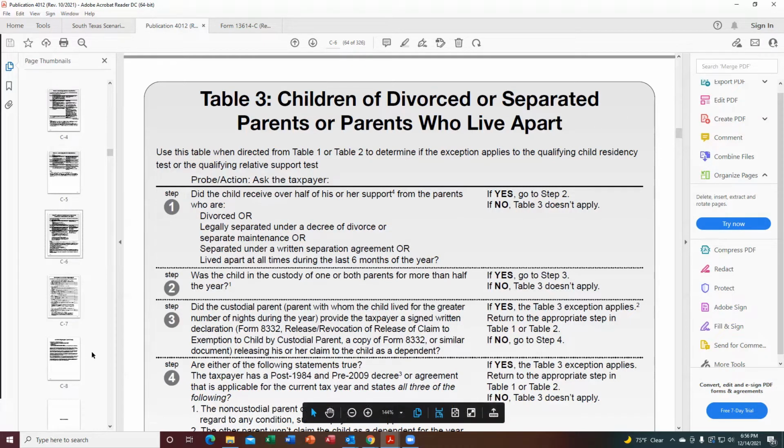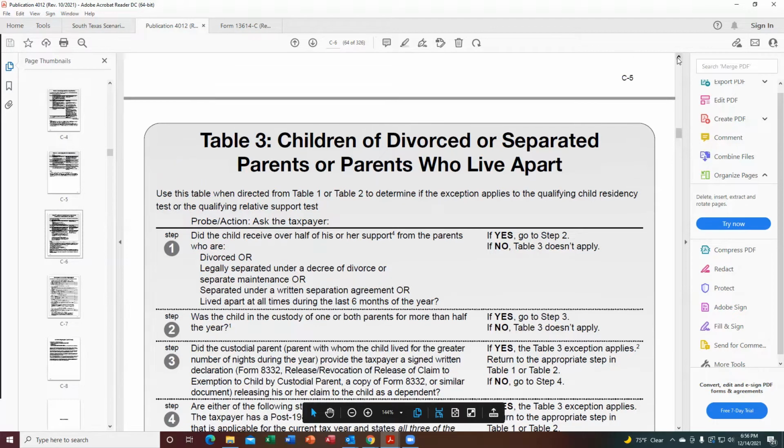There are instances, very few, where the custodial parent may allow the non-custodial parent to be able to claim the son or daughter. And of course, there has to be a form that's filled out, the form 8332, that allows for that to happen.